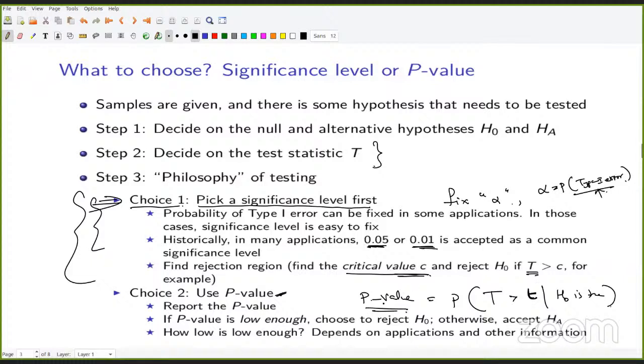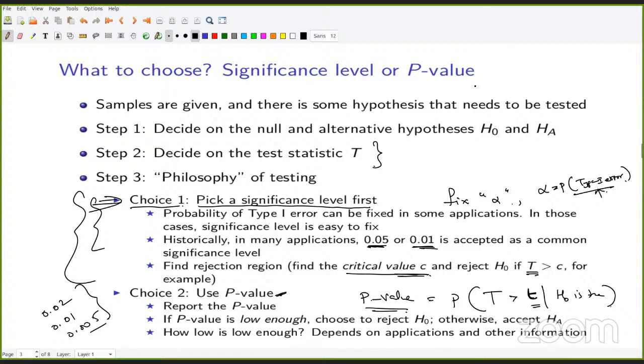So you just take the p-value. If the p-value is very, very low, maybe like 0.02 or 0.01 or 0.005, something like this, if you get p-values like this, we reject H0. We simply reject H0 because the p-value is very, very low. That means the chance of making a type 1 error with this particular test statistic is very, very low.